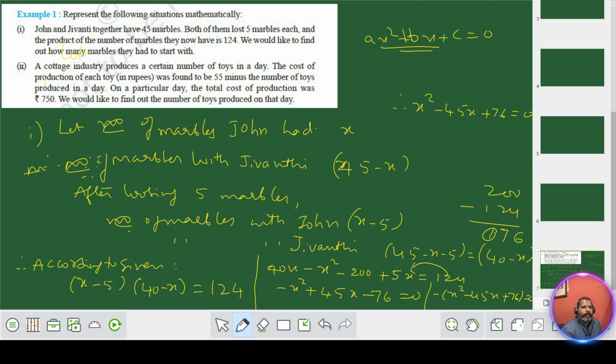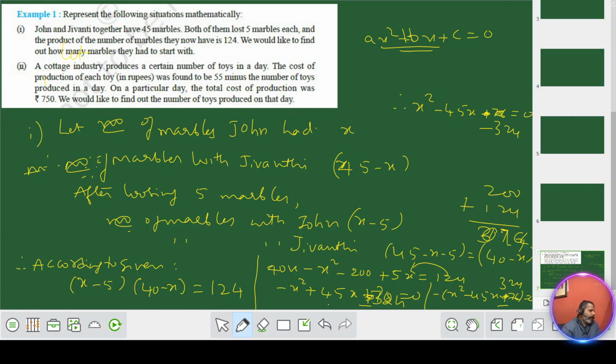Sorry, my mistake here. This should be plus 324. Okay, my mistake here. Just correct it. Because 124 when it comes to the left side, it will be minus 200 minus 124, that is minus 324.